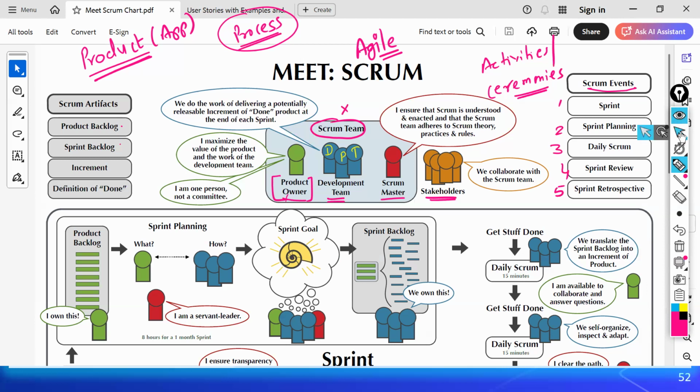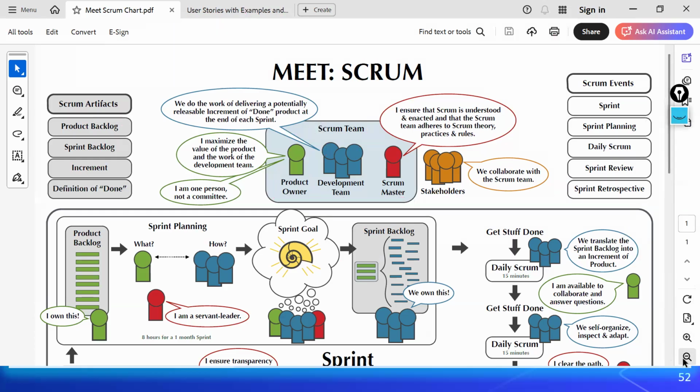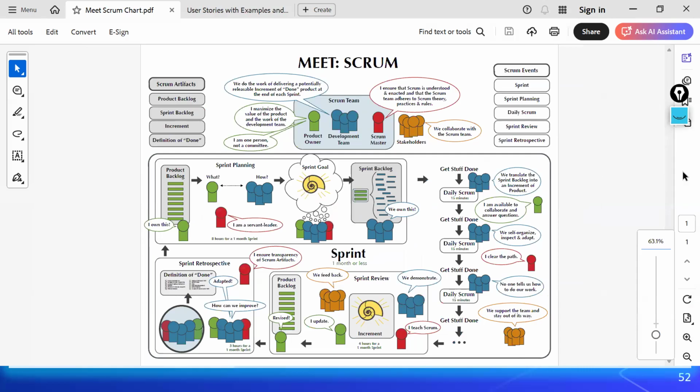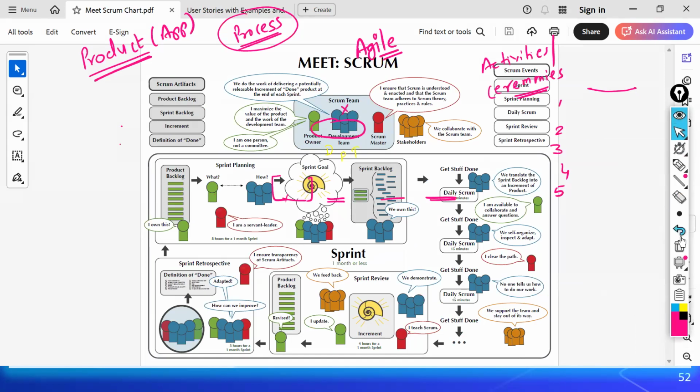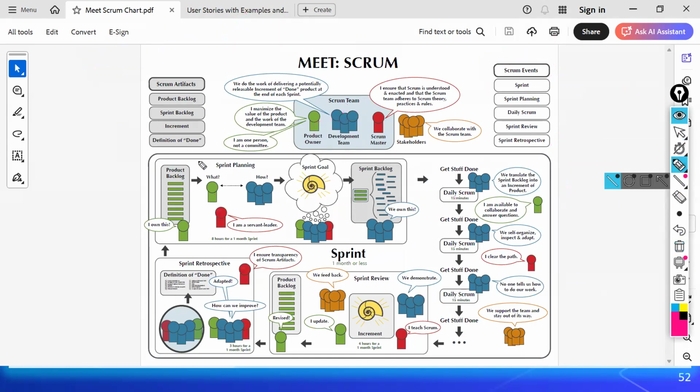Now, first things first, we will talk about the sprint. As you can see here, this is going to be all of your sprint.